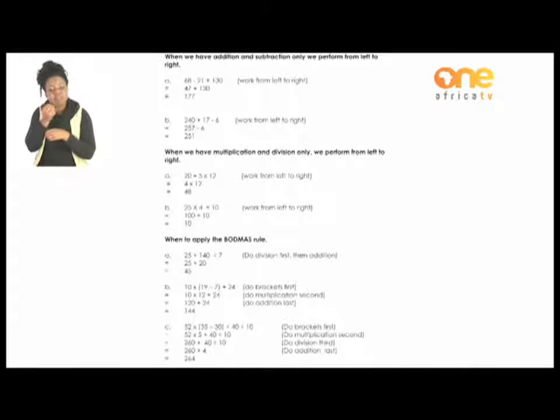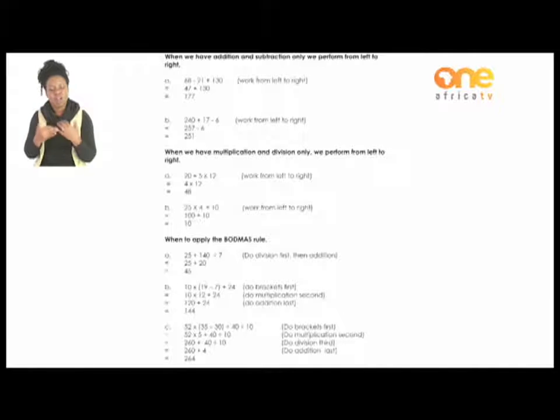Yes, we do have a bracket. So we're going to say equals 52 times. Now we do the bracket sum. 35 minus 30 equals 5. And then we're going to add the plus 40 divided by 10.